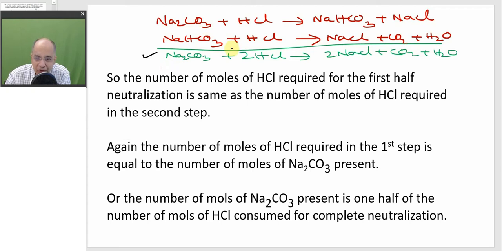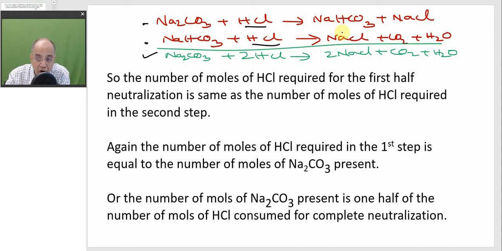Now, if you look at these two equations, the number of moles of HCl required for the first half neutralization is the same as the number of moles of HCl used in the second half. I am not talking equivalents, but moles. For example, here there is X mole.